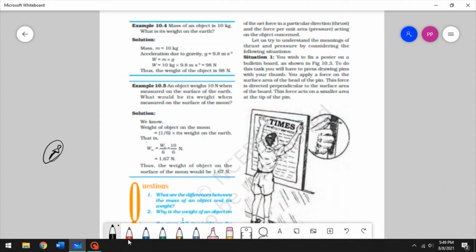Why is that? Because it's easier to do it with your thumb, because the surface area of your thumb is greater than the rest of your finger's surface area. So when you apply a force on the surface area of the head of the pin, the force is directly perpendicular to the surface area.